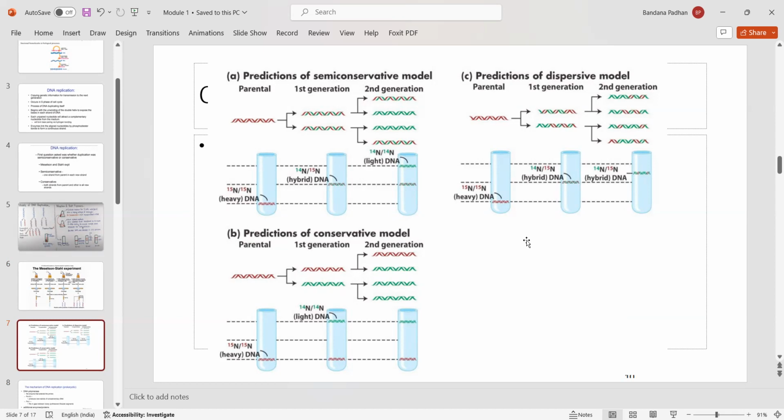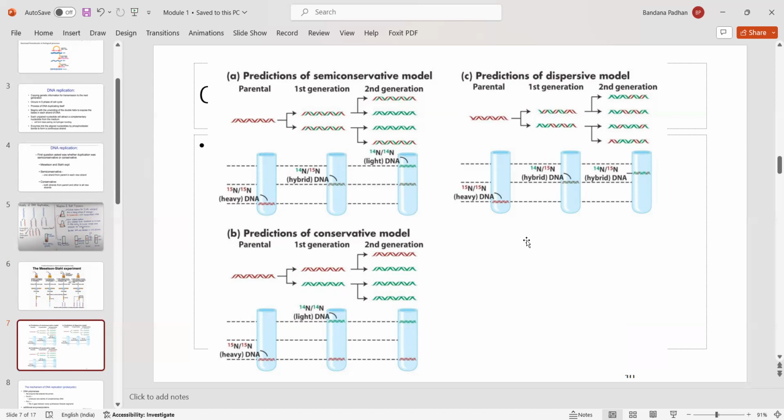And if it is dispersive replication, then they would only find a hybrid band. The chances of getting heavy and lighter bands are very low or insignificant. Rather, they would get a hybrid band.